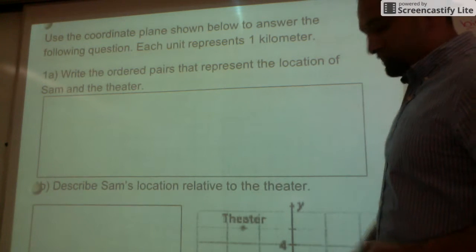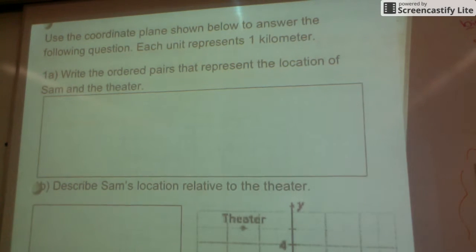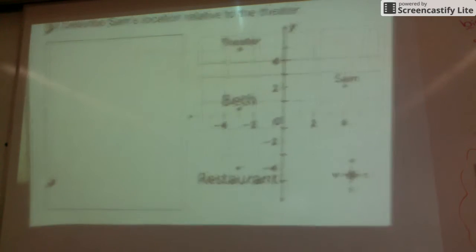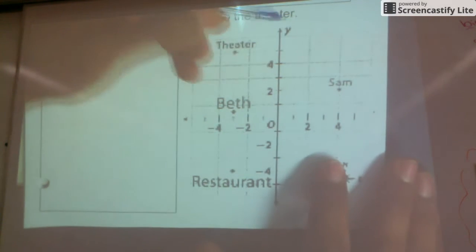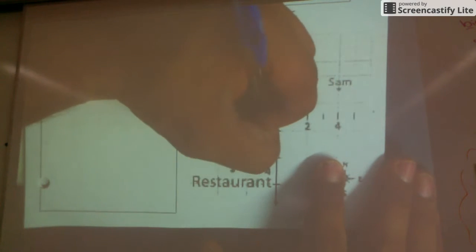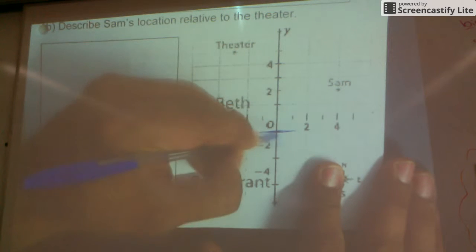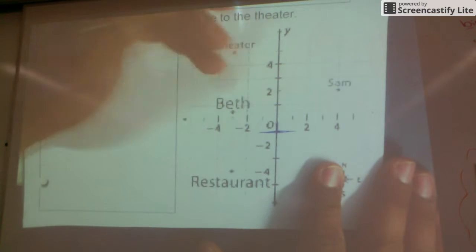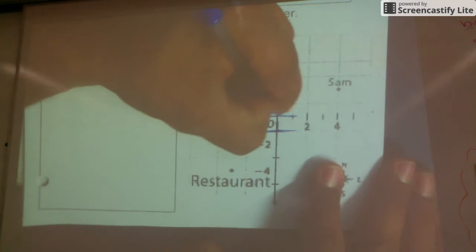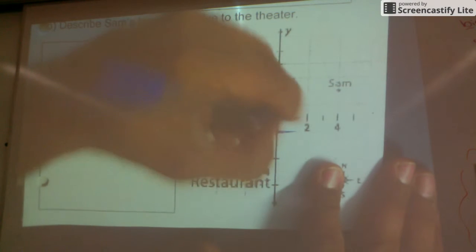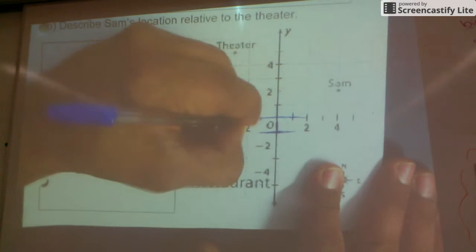So if we look at this, every number here is not just 1, 2. It's a little bit blurry, but you can kind of see where they're at.